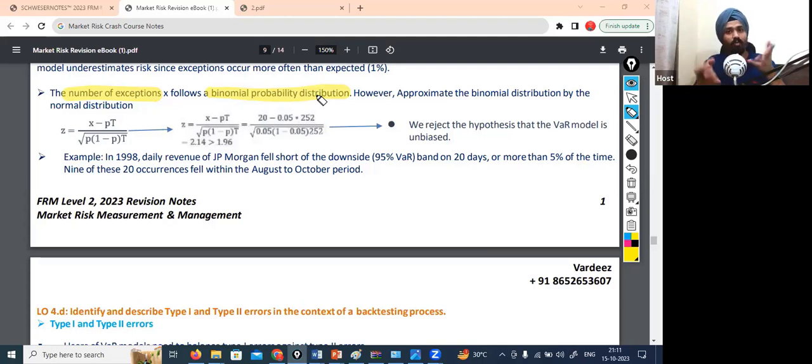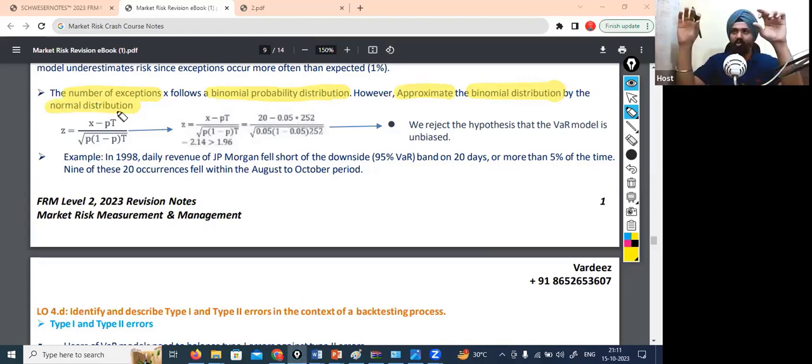Probability of success, probability of failure is the same. So ideally, the number of exceptions follows a binomial probability distribution. But binomial is not so helpful here. What we do is we approximate the binomial distribution by the normal distribution. So using the same binomial distribution, we can convert it into a normal distribution.